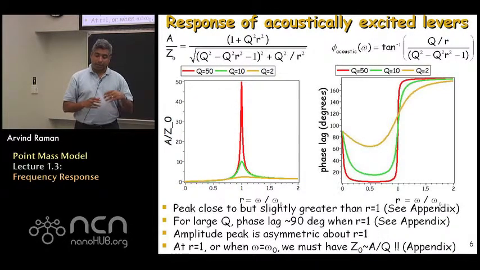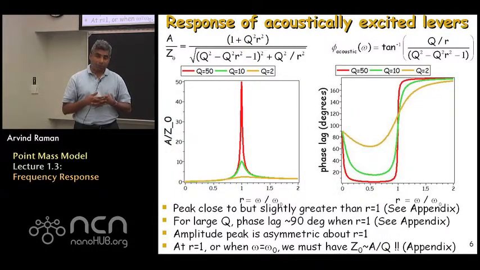This can be seen if you look at the equation on the top left and set R equal to 1. You'll find that this ratio A over Z naught is very close to Q when you go to large values of Q. This is described a little more in the literature.